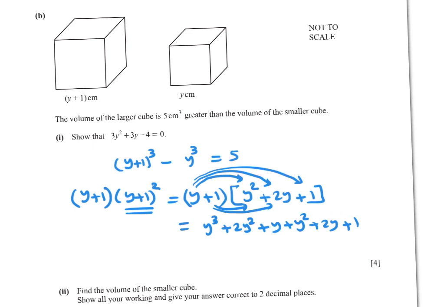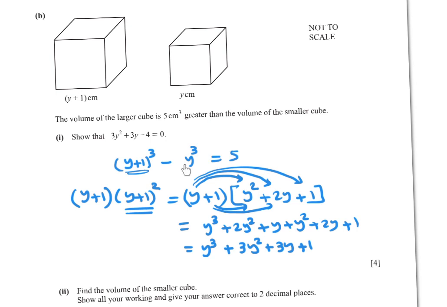We can combine the like terms. So y power 3 plus 3y squared, and we have 3y plus 1. This is the expansion for y plus 1 power 3.